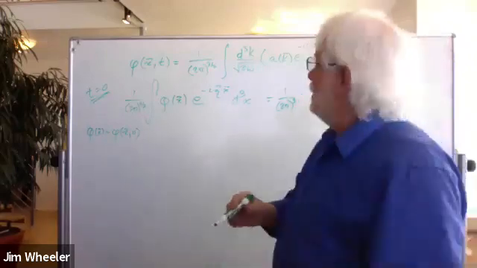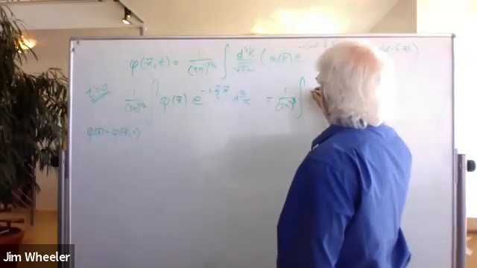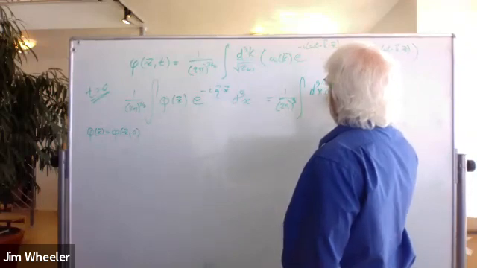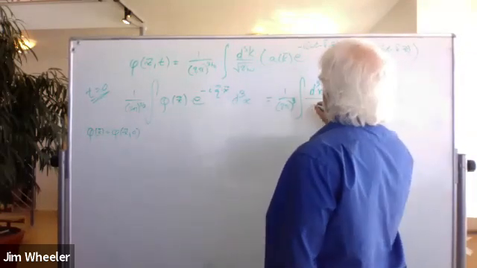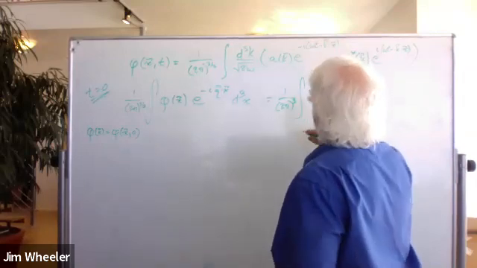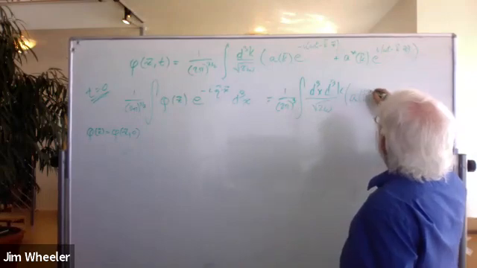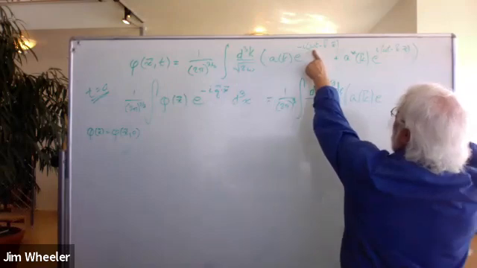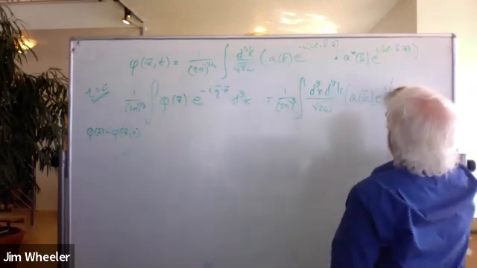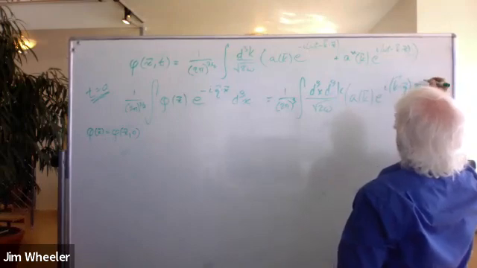But then, what do we have? We've got d3x, d3k, root 2 omega, a of k, e to the, and now we've set t to 0, so I just have I k minus q dot x.